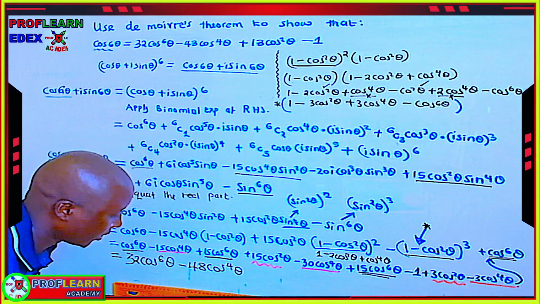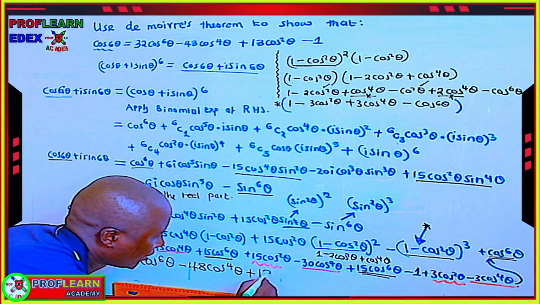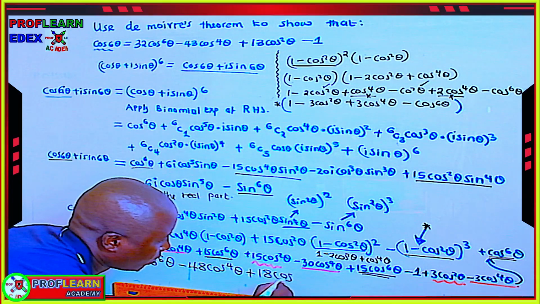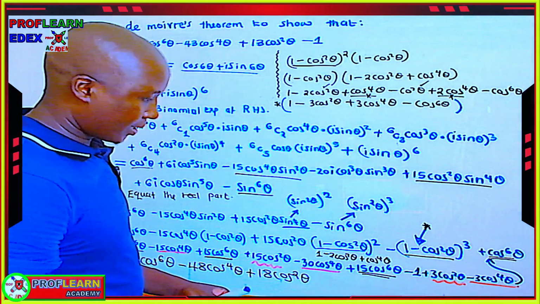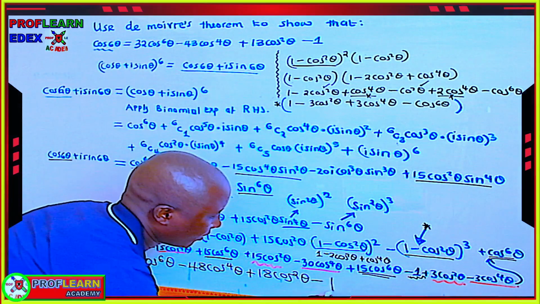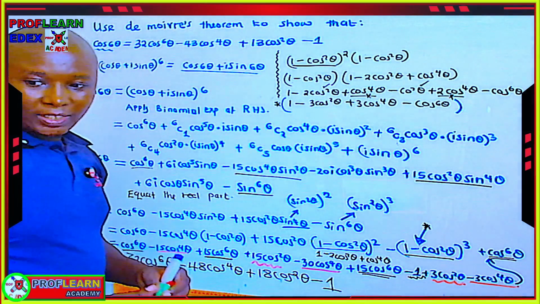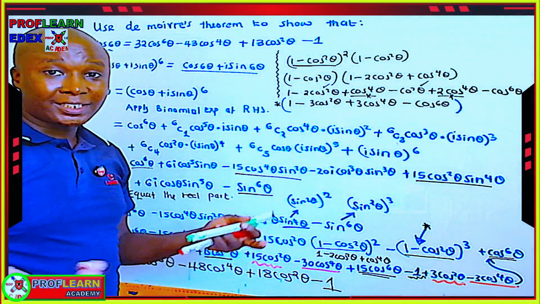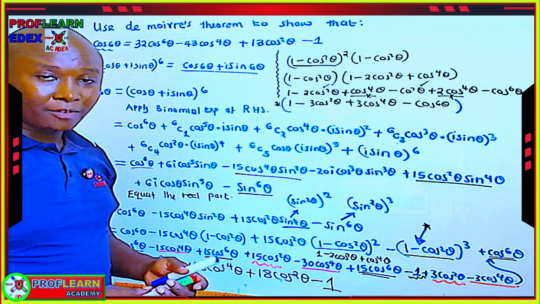So we are going to say this is going to be plus 18 cos power 2 theta. Then we have the next term that is remaining, which is minus 1, and we have used the Moivre's theorem in order to show this. That's basically what you do in order to show using the Moivre's theorem.